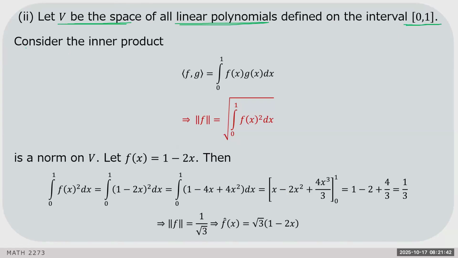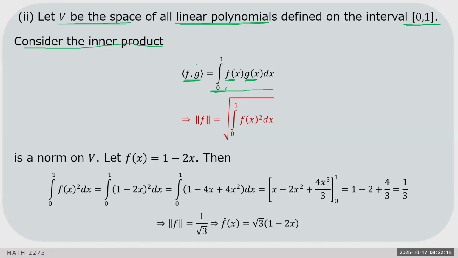We're going to consider this inner product. We saw we could put inner products on these sorts of spaces that have functions. One way we could define an inner product is to multiply these two functions together and then integrate over the domain. In this case, we take the domain as 0, 1. If you work out this object, it will give you a number. So that's the inner product.